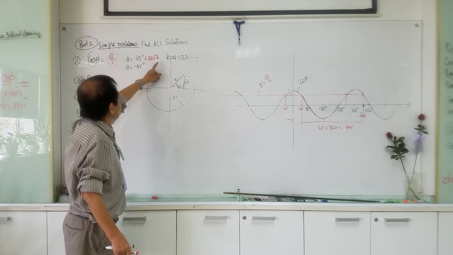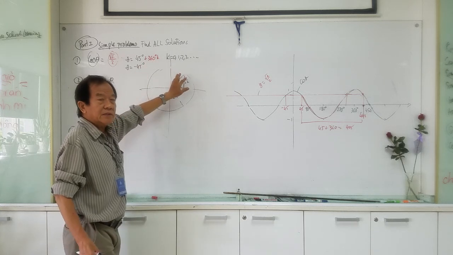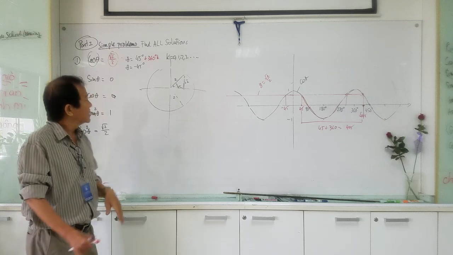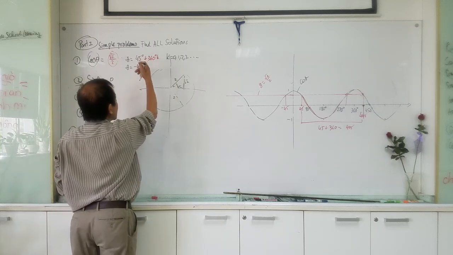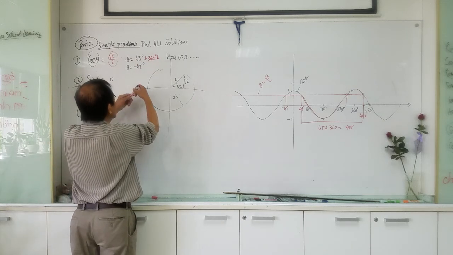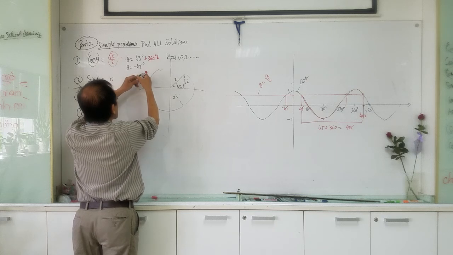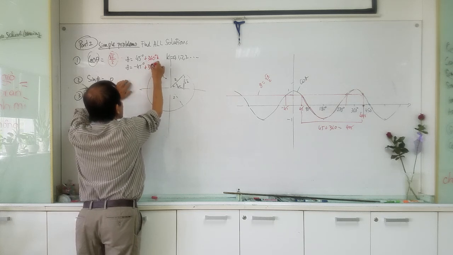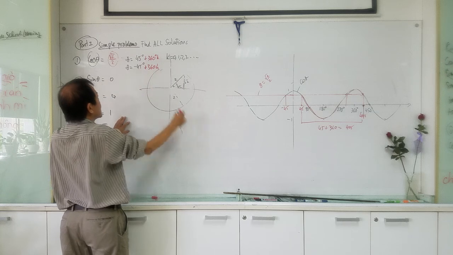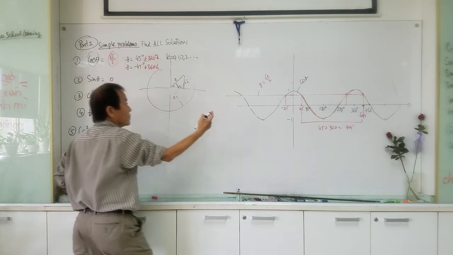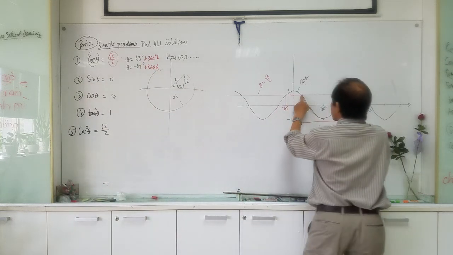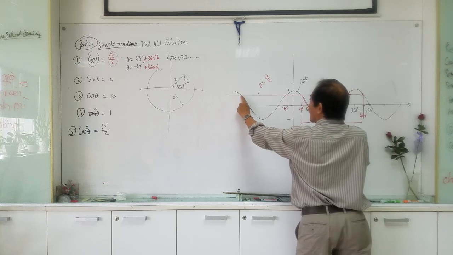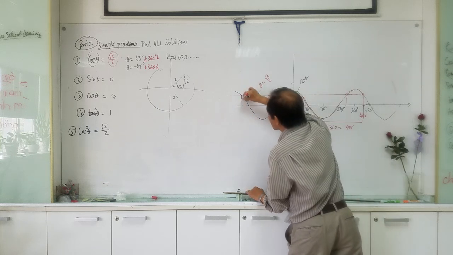K equals 2, you add another 360 degrees and you keep going. It's the same thing here: you add 360K, and you can also subtract. You go backward 360 and get another one right here, which is also a solution.